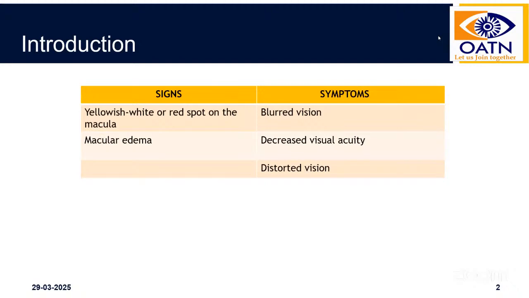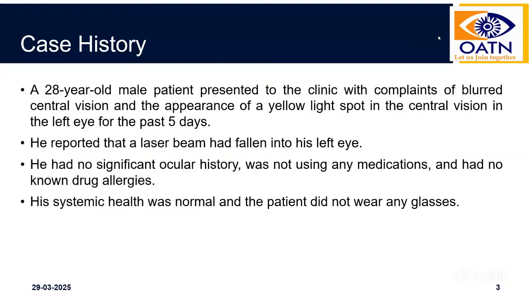Now we can see the signs and symptoms of this case. Signs include a yellowish, white, or red spot on the macula and macular edema. Symptoms like blurred vision, decreased visual acuity, and distorted vision can be present. Now we can move to the case history of this patient.